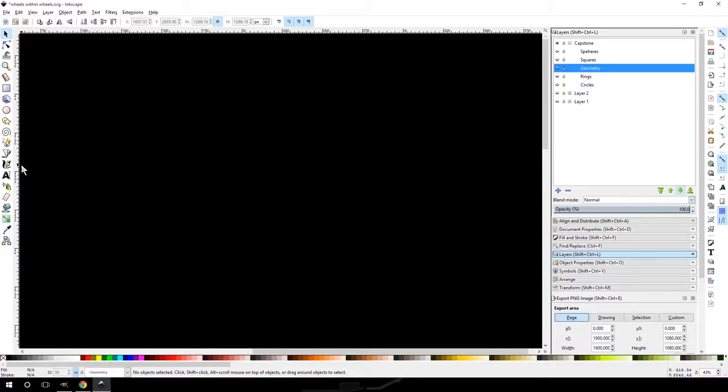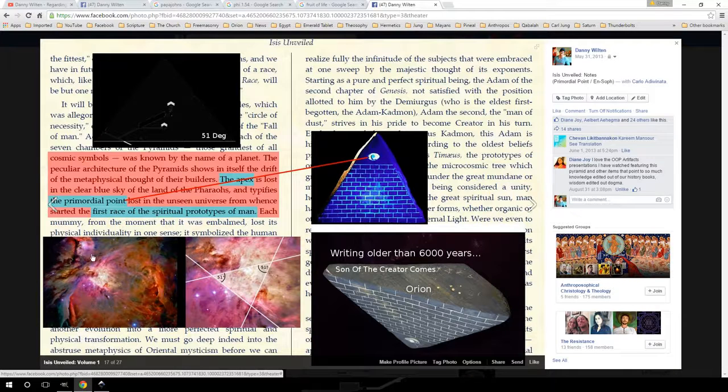Let me read something real quick from Helena Blavatsky. This is one of the reasons why I like her, because I've found that she's telling the truth when I go out and experiment. "One of the grandest of all cosmic symbols was known by the name of a planet. The peculiar architecture of the pyramids shows in itself the drift of the metaphysical thought of their builders.